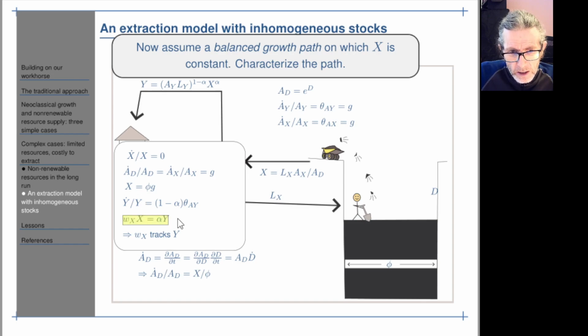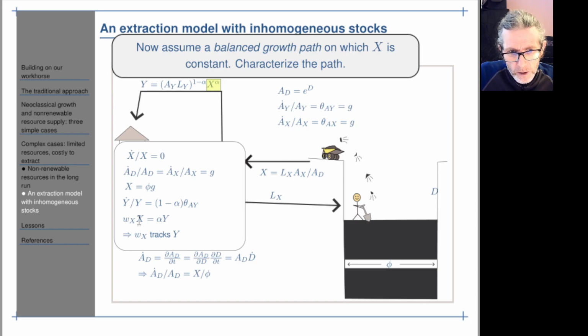We also know from the profit maximization that the resource takes a factor share alpha. That's the Cobb-Douglas. Labor takes factor share 1 minus alpha. Resource takes a factor share alpha. We've seen these results several times before, but I've not explained it before in terms of factor shares.